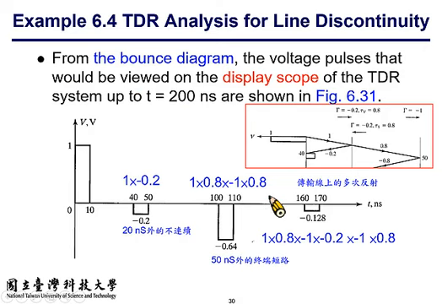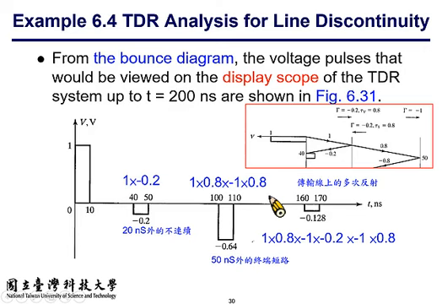All right, so with the knowledge about the reflection and transmission coefficient at the position of discontinuity, you can proceed to the Gaussian diagram analysis. Here, again, the horizontal axis is the location on the transmission line, and the vertical axis is the time axis.